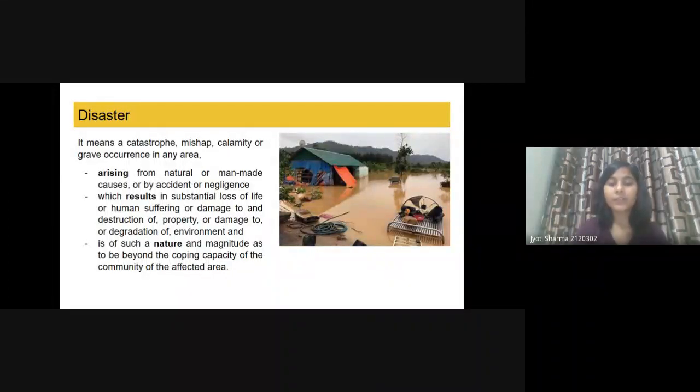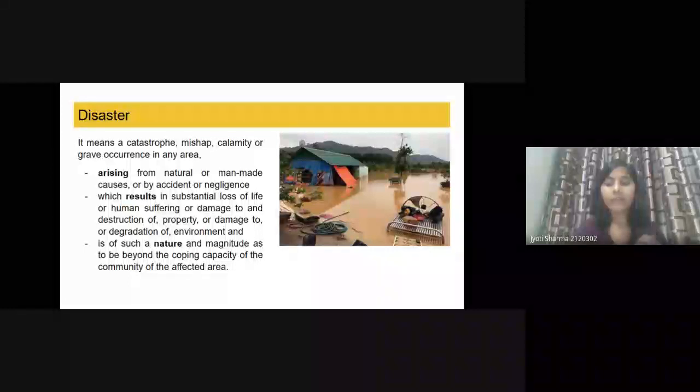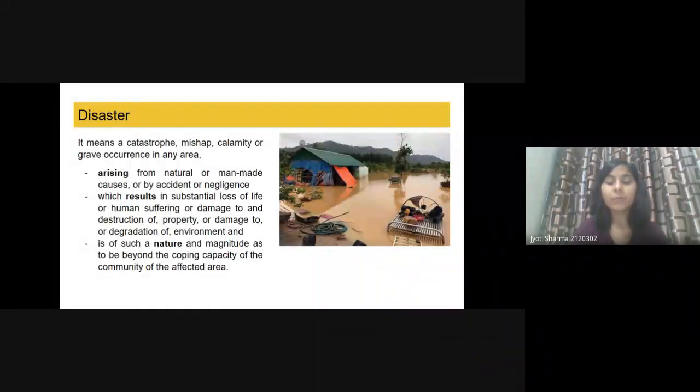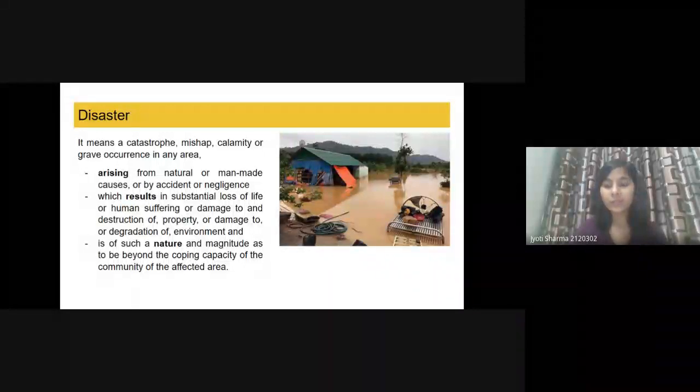For example, in the USA a tornado comes every year, but the effect is not that high. It is not affecting the people, the property or the environment, so we will not call the tornado a disaster.